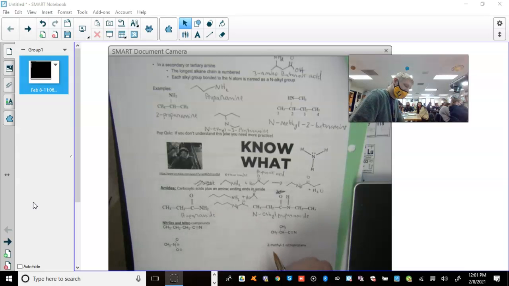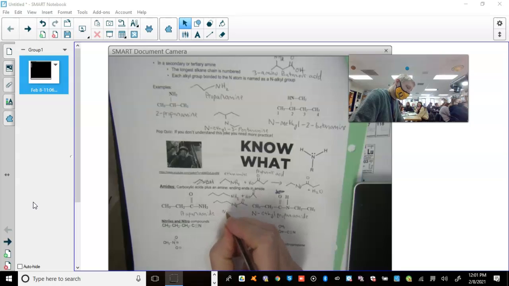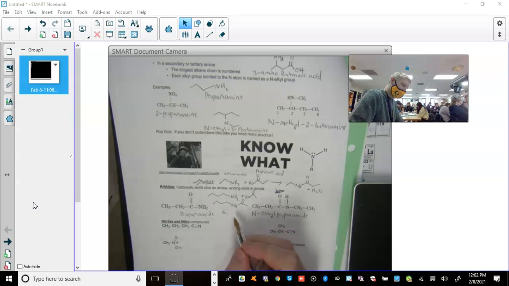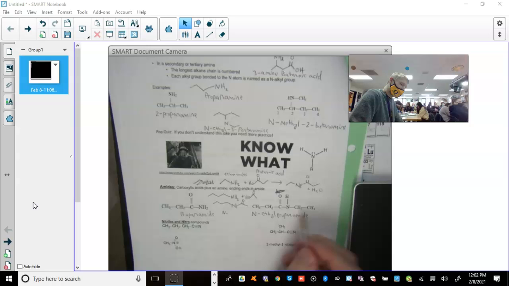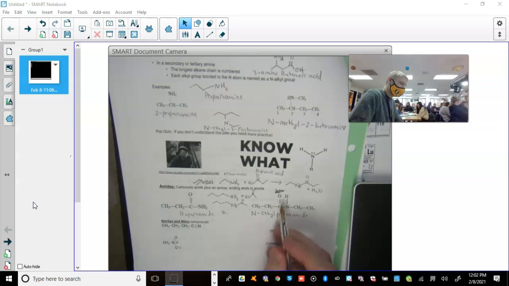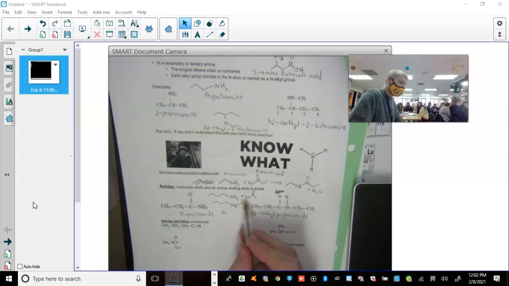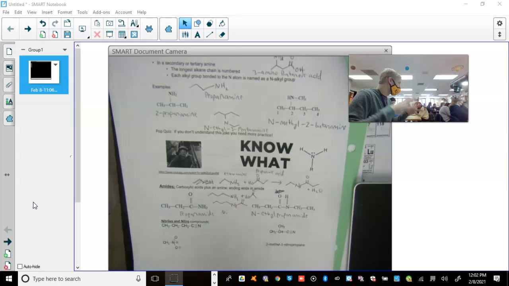So here we got N. We got to start with N. And the short, well, I've been saying the short chain, but really, the part that gets the amide is the part that has the carbonyl group in it. So in this case, because this is the main functional group, you got a carboxylic acid. That's what matters. That's our main chain.